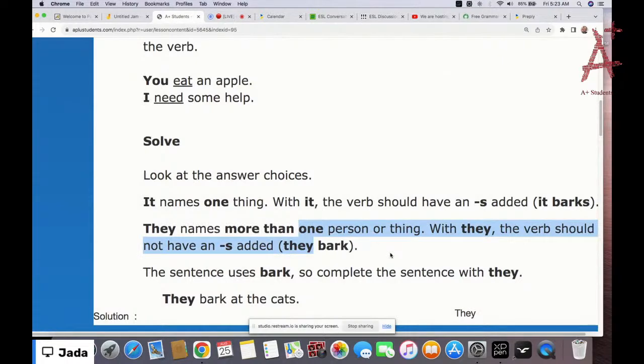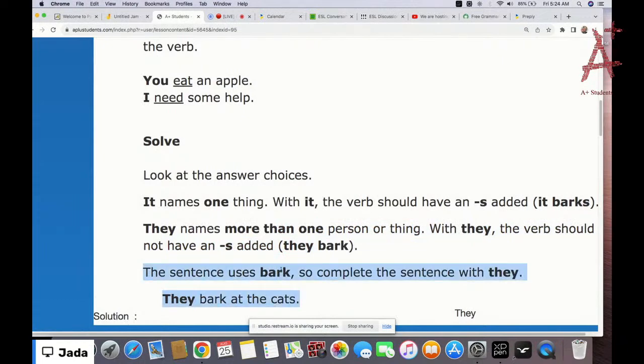Because they is plural, you have to look for the answer that is suitable. So you have to find the pronoun subject that is suitable and then you click on that. The right pronoun subject that is suitable for bark, because bark does not have what? An s. Okay.